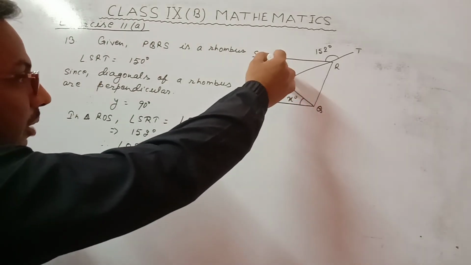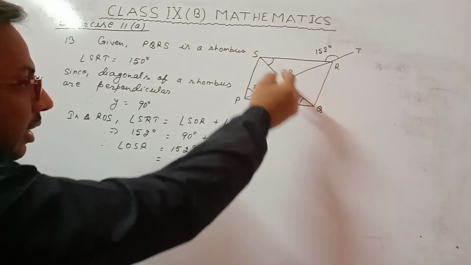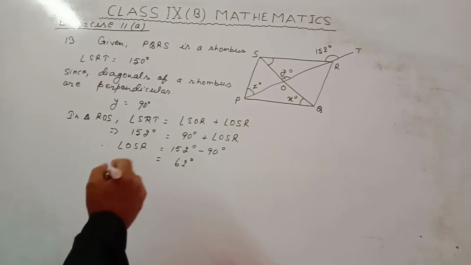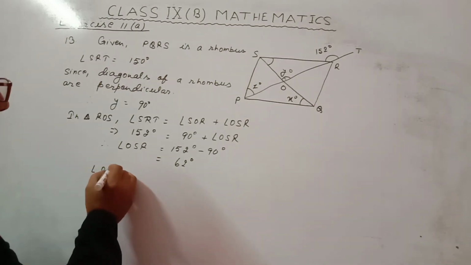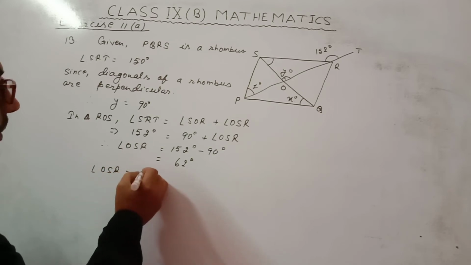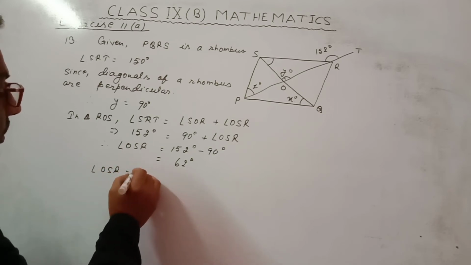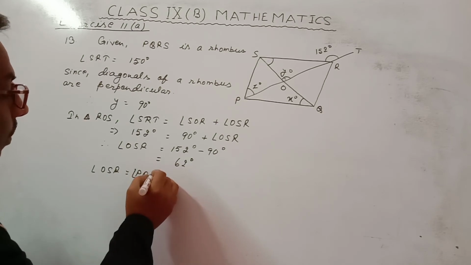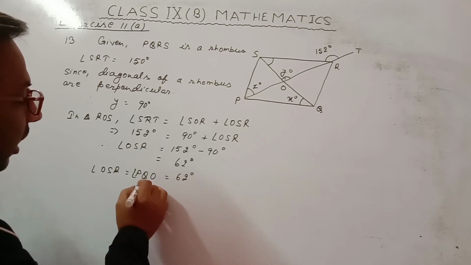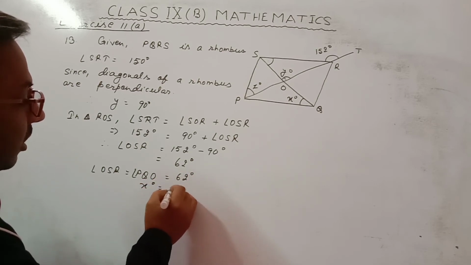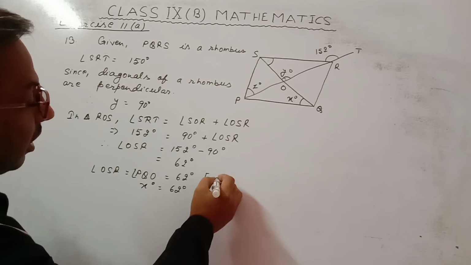So this angle became 62 degree, and this angle is alternate angle. So we say angle OSR equal to angle PQO. Angle PQO equal to 62 degree. So the value of X became 62 degree. Reason is alternate angles.